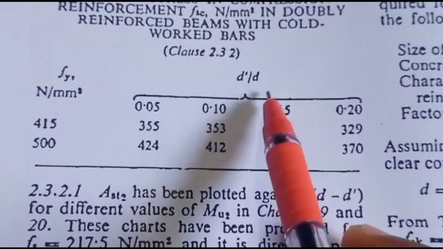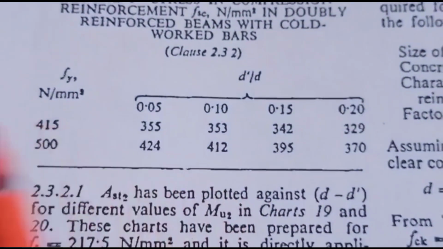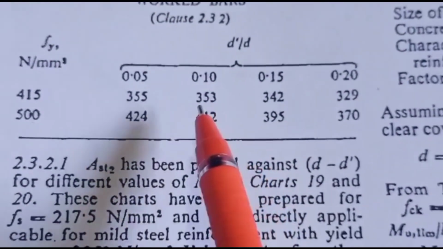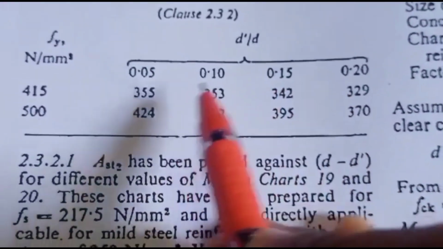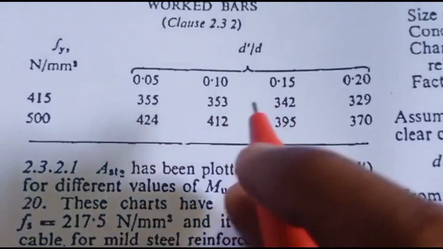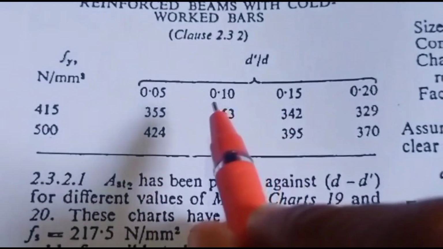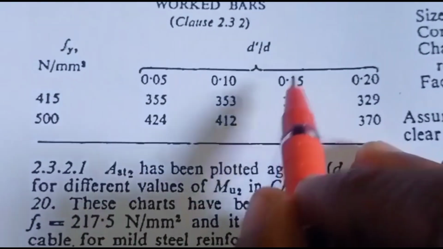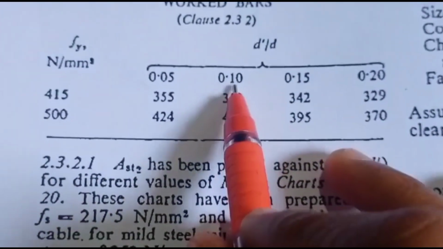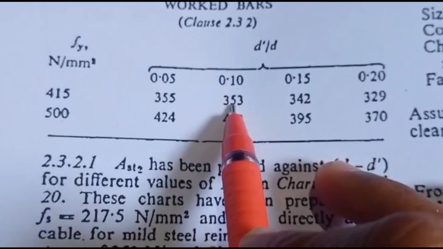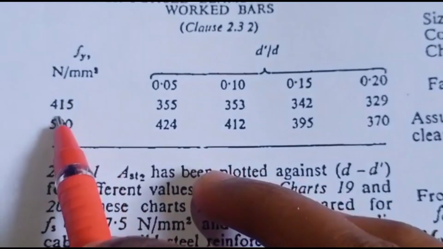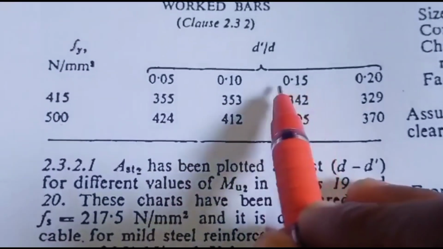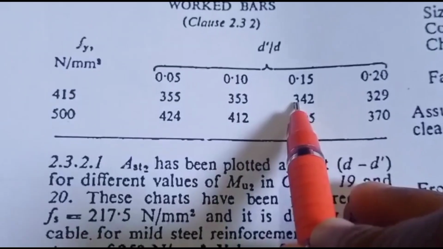Our d dash by d value is 0.11, which does not appear directly; it comes in between 0.10 and 0.15. For 0.10, the corresponding value for Fe 415 is 353, and for 0.15 it is 342.